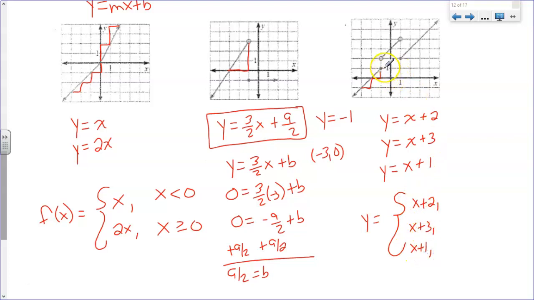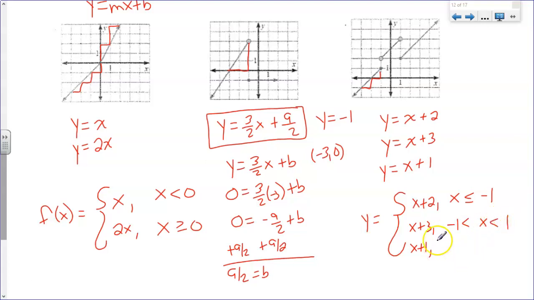So if I look at this first one, where does the x start on this first one? It starts at -1, and it's a closed circle, and it's going to the left, so x is less than or equal to -1. Okay, if I look at this next line, it goes between -1 and 1, but they're both open, so you're going to do it that way.